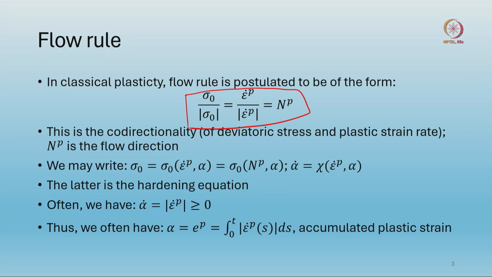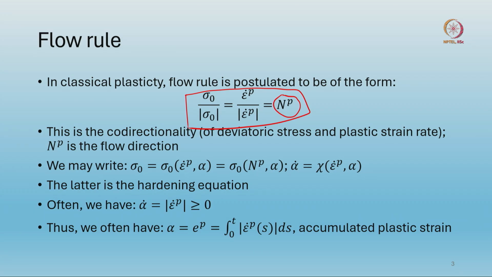Both are the same. That means if I call this n_p, the tensorial generalization of a vector direction, it is the tensorial direction of the plastic flow. So n_p is called the plastic flow direction. But remember that n_p is a tensor, it is basically a matrix. So you have to generalize the notion of a direction here to a matrix valued direction.